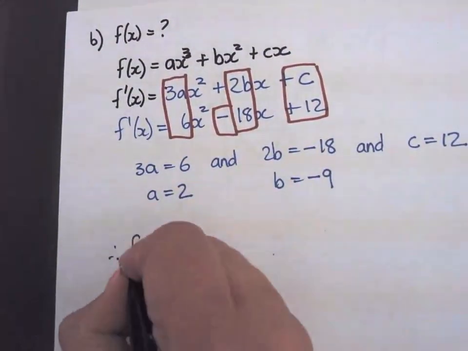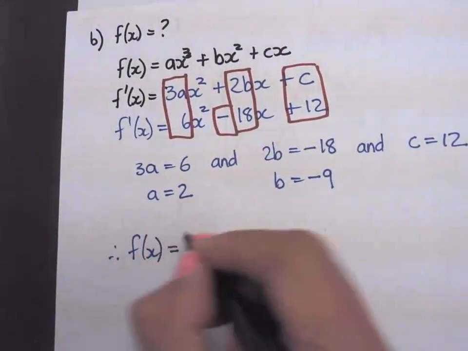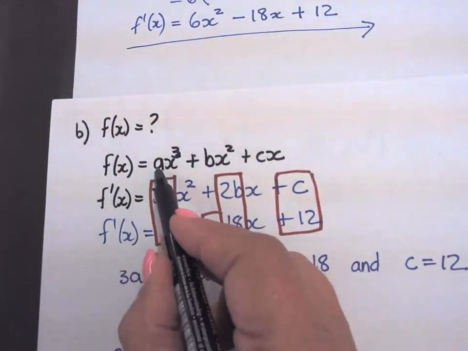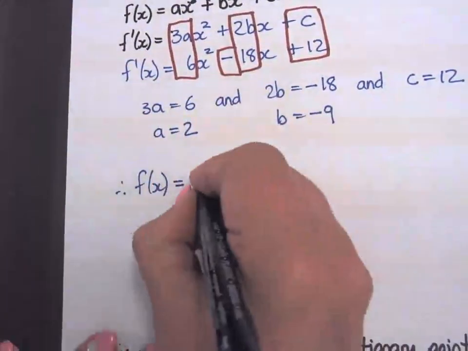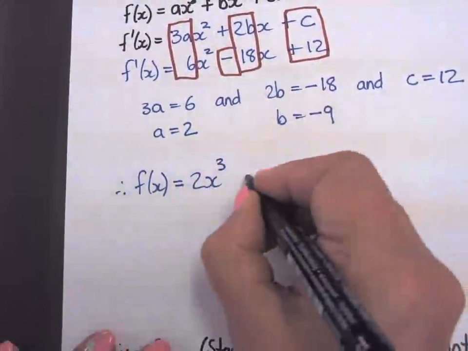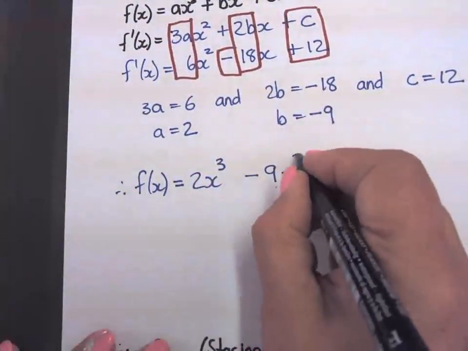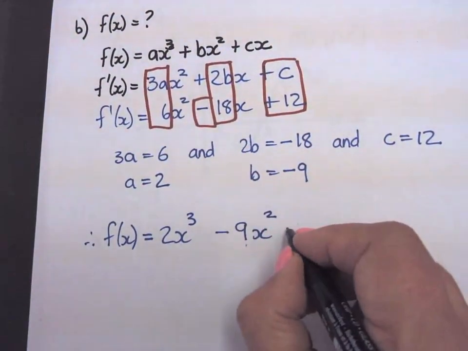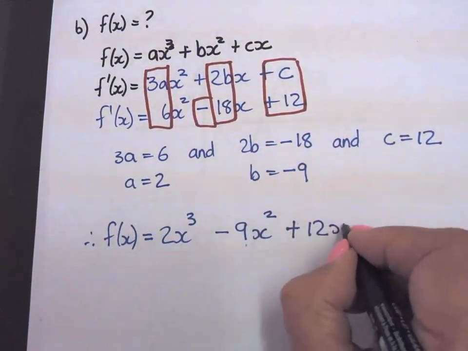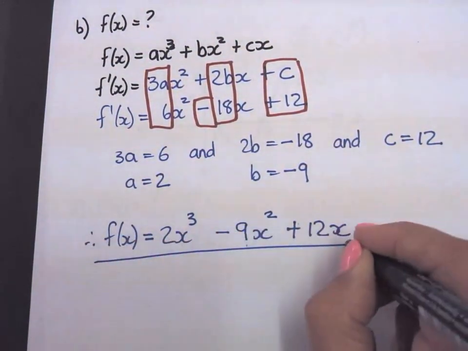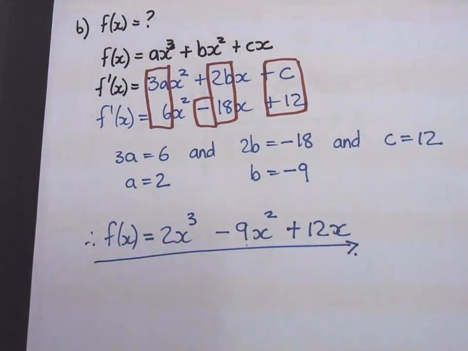Therefore, fx will be a is 2x to the power of 3 minus 9x squared plus 12x. There's your answer.